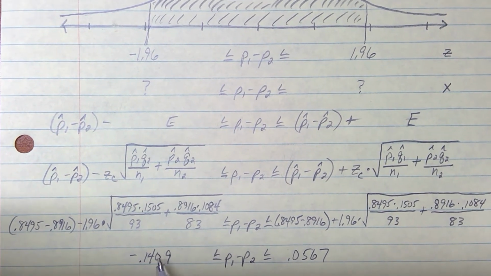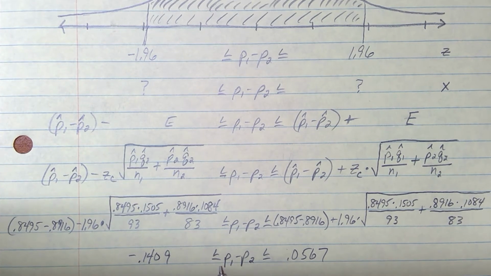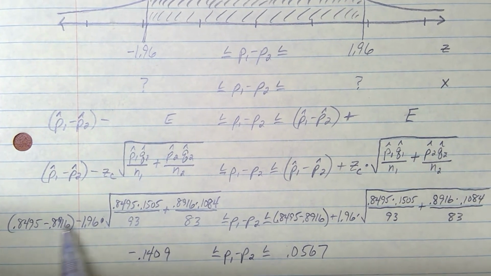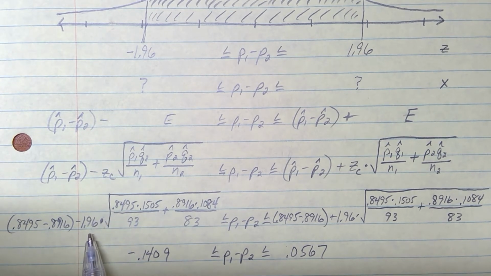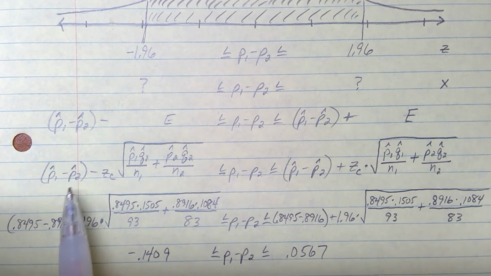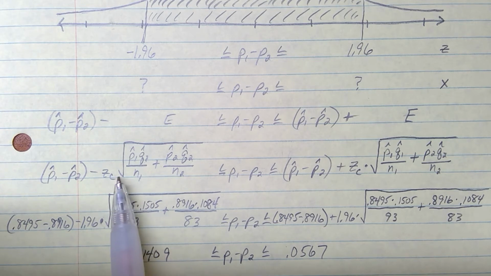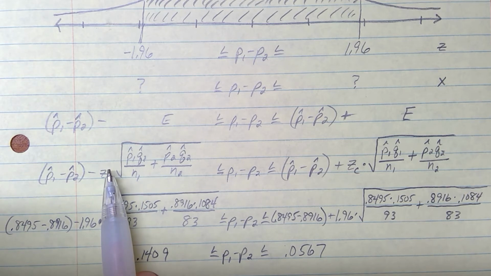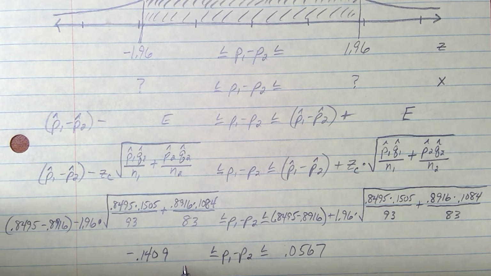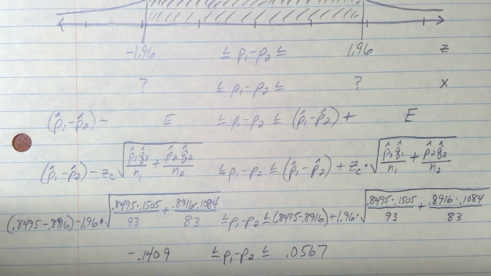But if you get down to your final answers and they don't quite match up to what you want them to be, then the first thing I'd do is use a more accurate Z. And if that doesn't work, then I would go back and use a more accurate p hat 1 and a more accurate p hat 2, that kind of thing. First thing I would try though is this Z, or if you're doing something else and it's a T, the first thing I do is I change that to a more accurate representation of this number, and that usually fixes it. But like I said, most of the time 4 decimal places will get you an acceptable answer, so it matches up to your book or whatever.